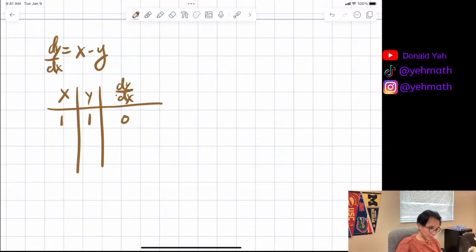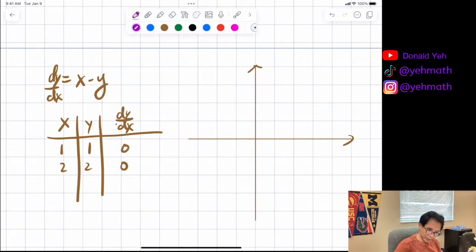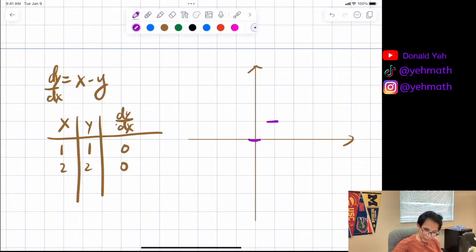Same thing if x and y are the same number, so 2, 2, that's going to give you 0. So that means if I draw a slope field here, all of these are going to have 0 slope. Does that make sense?